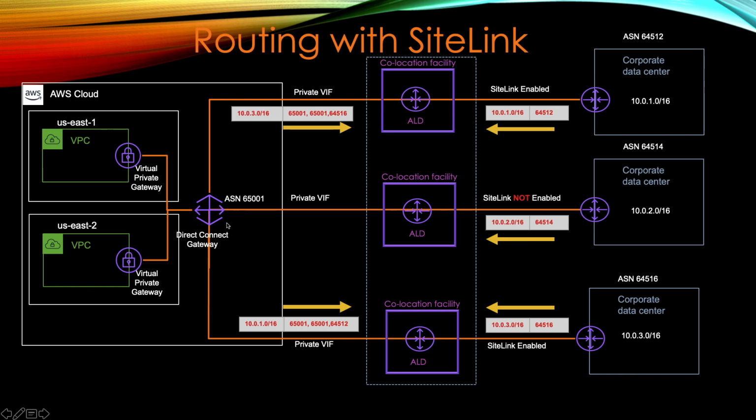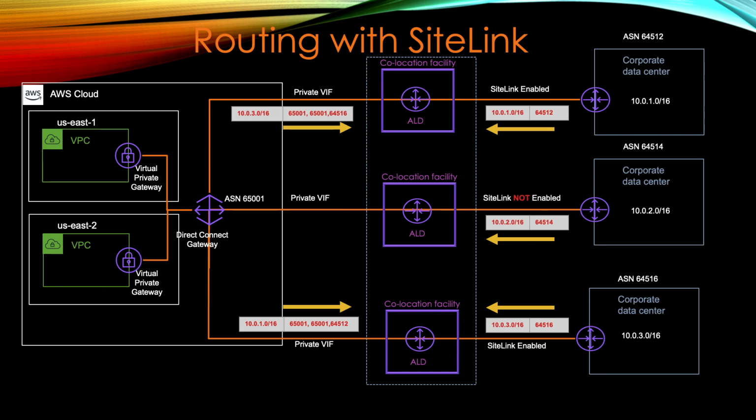But when it re-advertises these paths back to data centers, only VIFs which have SiteLink enabled will get these paths re-advertised. For the one where SiteLink is not enabled, this data center won't get any re-advertisement of other data center routes. So this data center won't be able to talk to any other data center because it does not know any of the paths, but the other two data centers, because they know the paths of each other, can talk to each other.